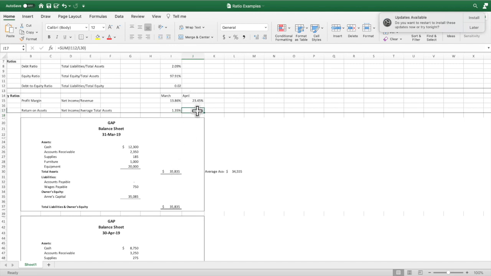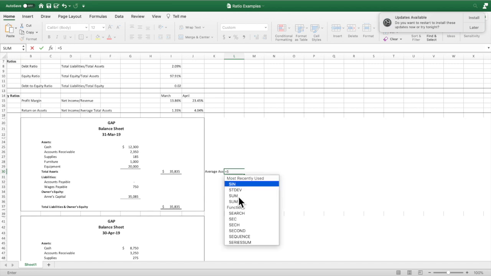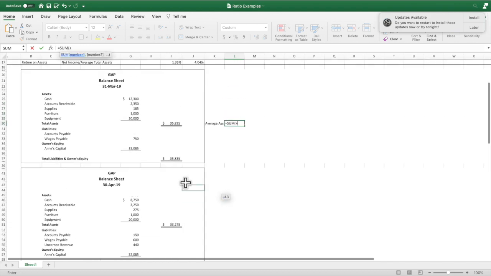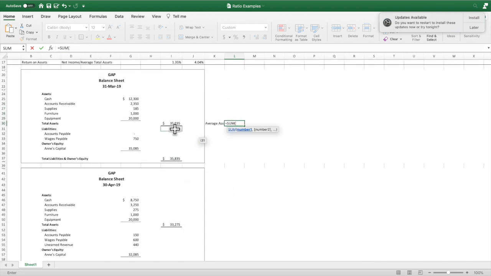Then for April, we're going to take the average now. So what I did here was I took the total, equals sum of total assets plus the total assets from April, close off the parentheses and divide it by 2 because there were 2 months.